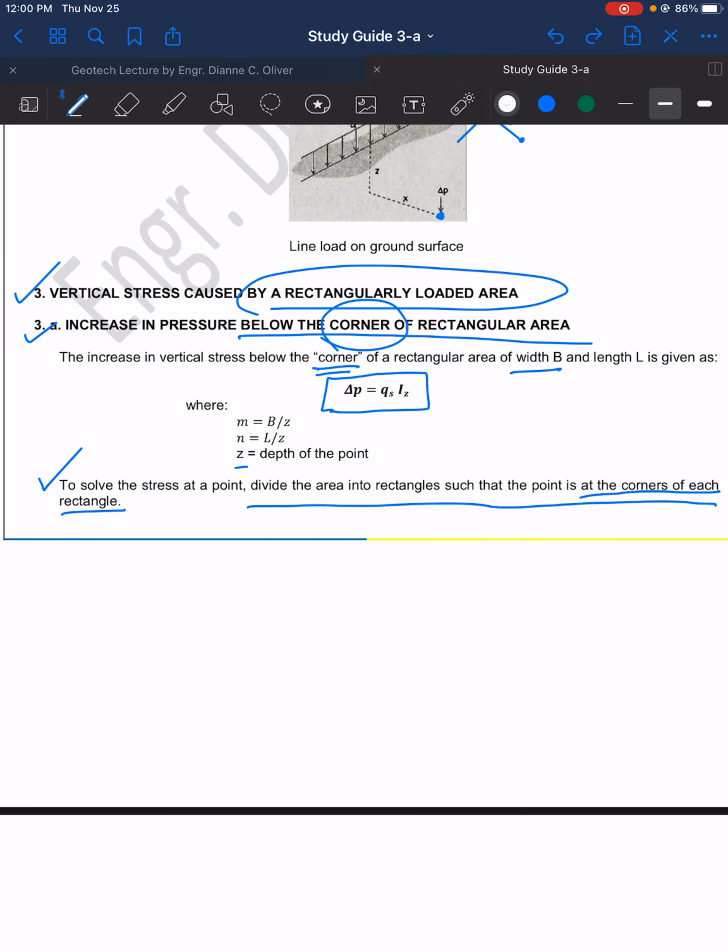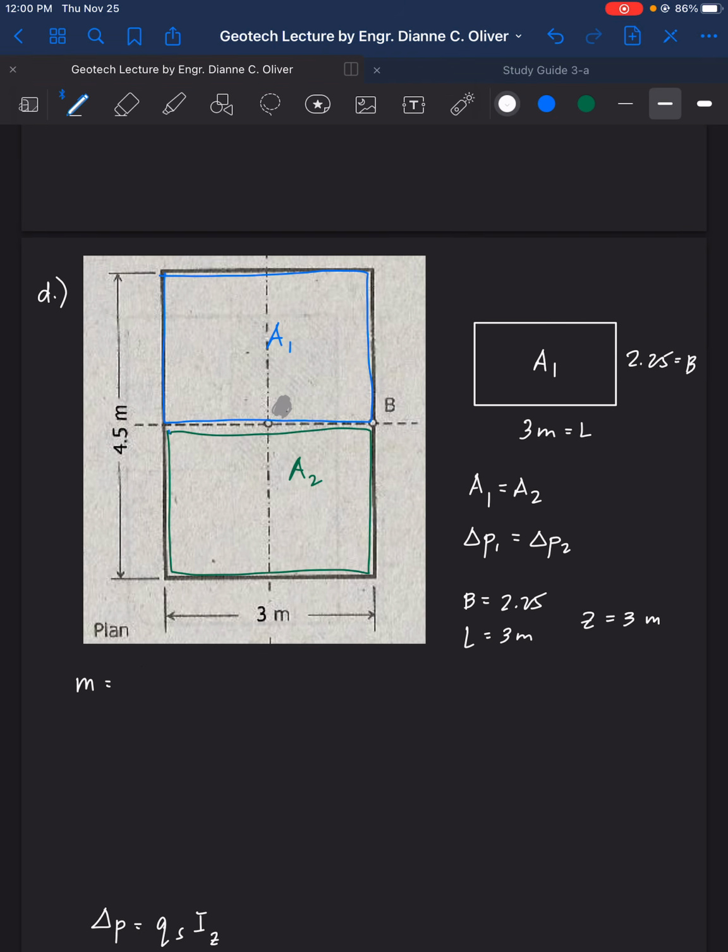That is B divided by the depth, and then N is L over Z. So our B here is 2.25 divided by 3. That is equal to 0.75 again. And then we have L, 3 over 3. So that is 1.